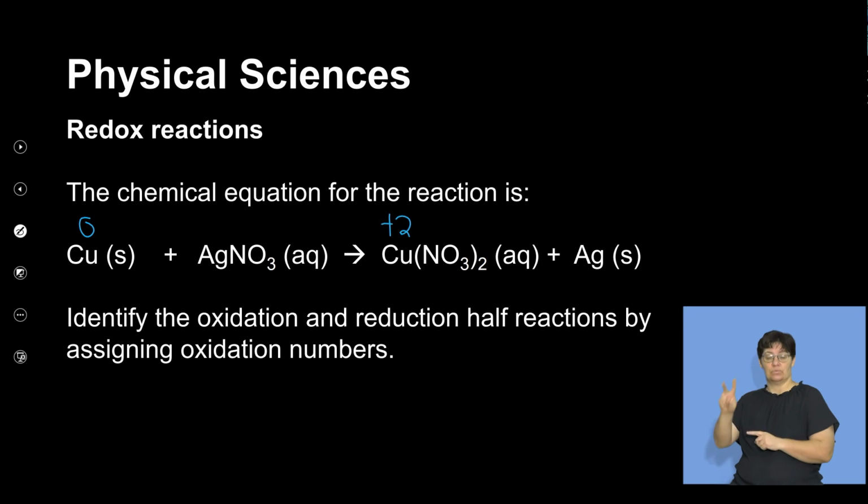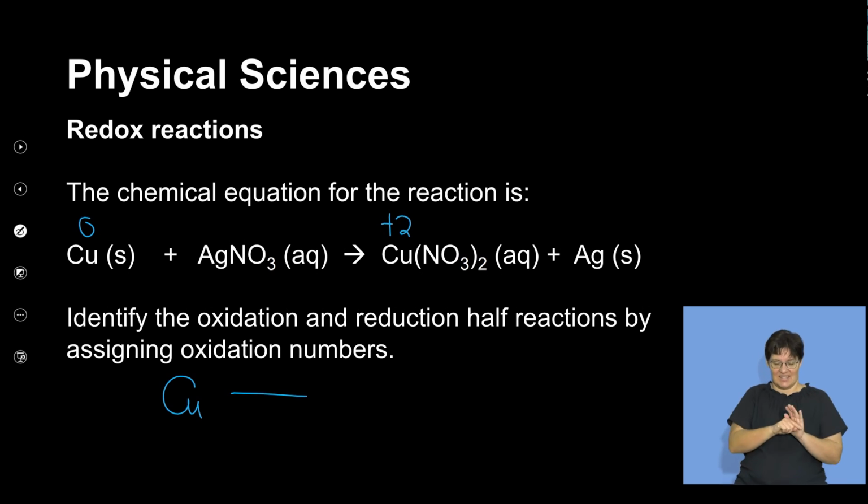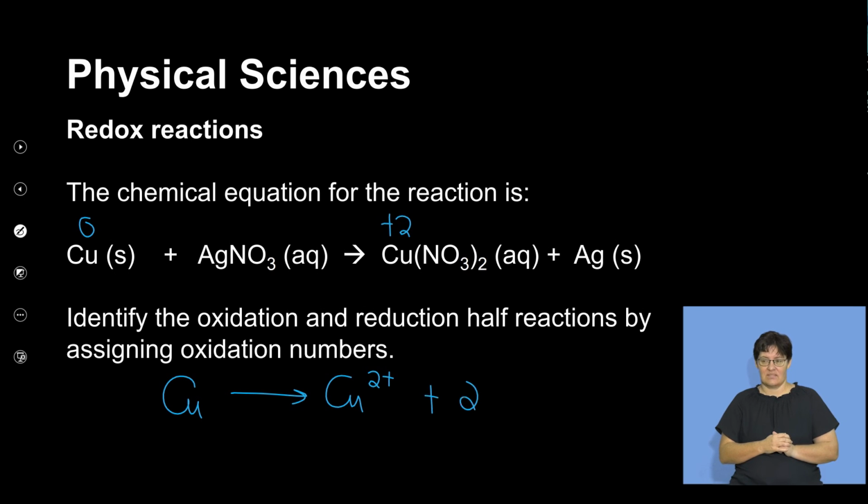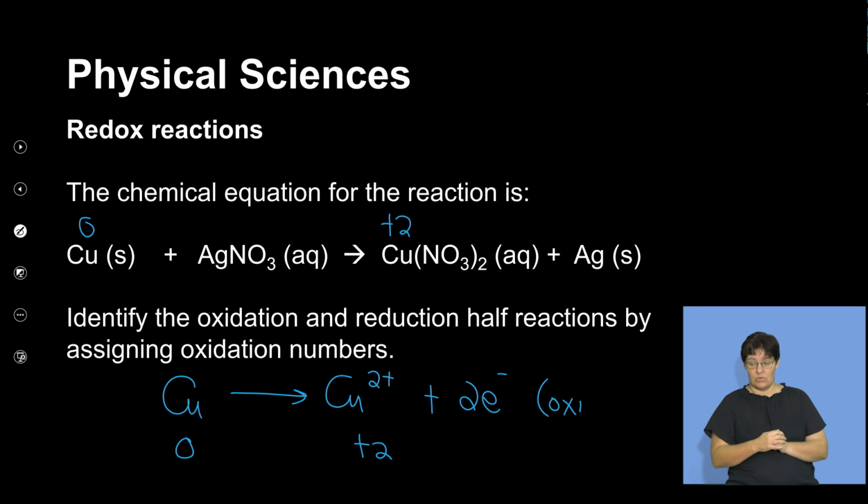So what exactly happened to copper? If the oxidation number increased, it means copper underwent some loss of electrons to give us Cu2+ plus 2 electrons. So for copper to change from 0 to +2, there was oxidation, which is the loss of electrons.